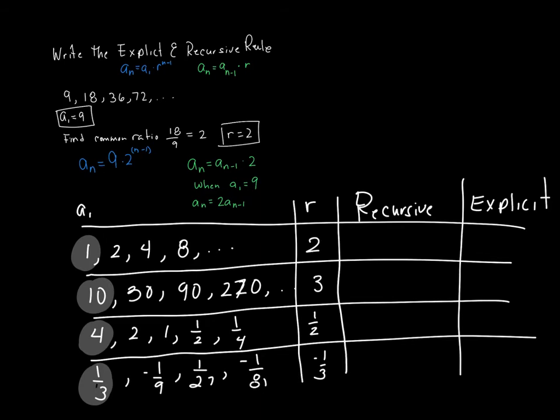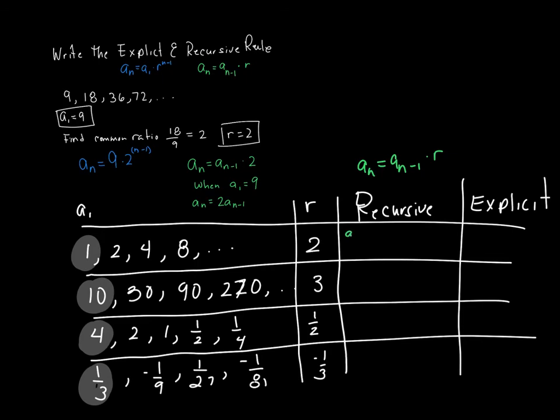So I shrunk the top, but you can probably still see it. The recursive formula that we have here is just a_n is equal to the previous term, a_(n-1), times r. And remember, with the recursive formula, you do need to state what a_1 is.